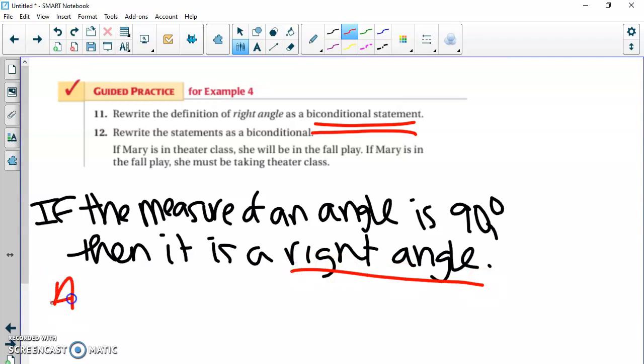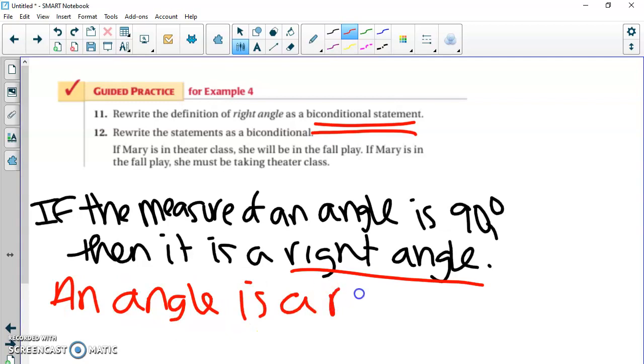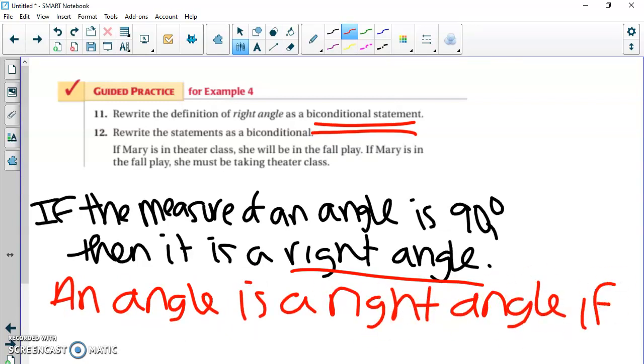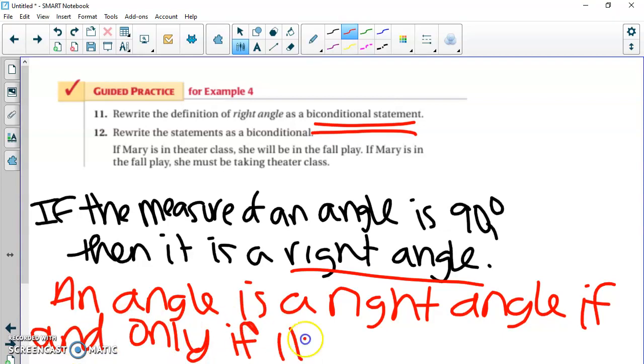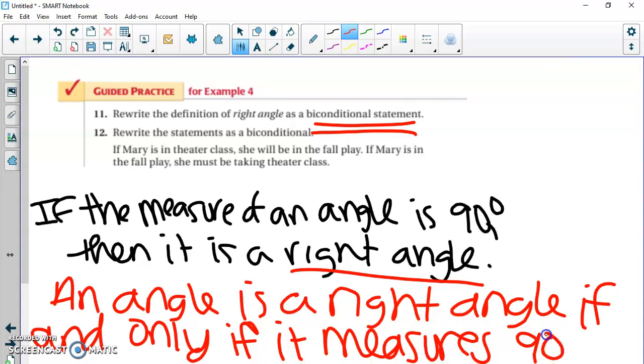So, an angle is a right angle if and only if it measures 90 degrees. So instead of having to write if it's a right angle, then it measures 90, and if it measures 90, then it's a right angle, you can just have the if and only if.